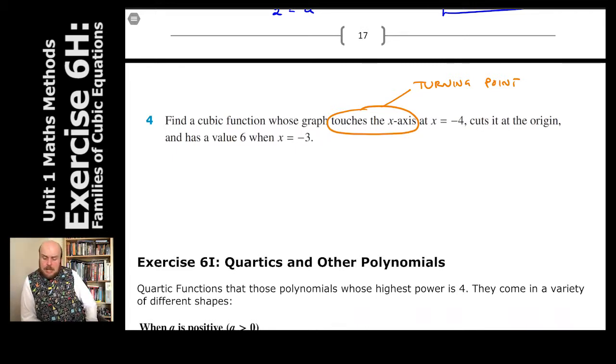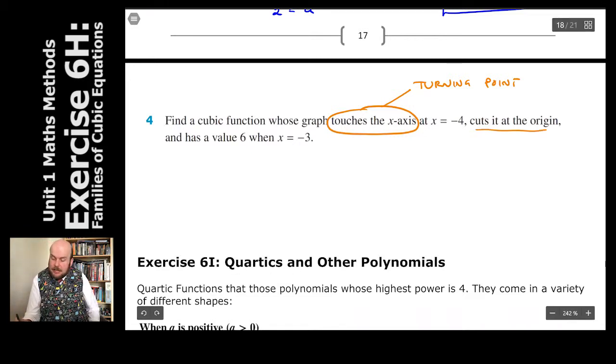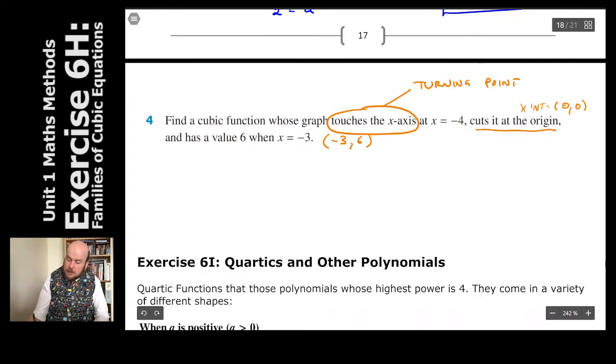At x equals -4, cuts it at the origin. See, cuts it, there we go. So that's an x-intercept at 0, 0. And has a value 6 when x equals -3. So that means it passes through the random coordinate of -3, 6. So we can use the exact same template that we used before. So I know we've got an x-intercept at 0, 0, and a turning point at x equals -4.